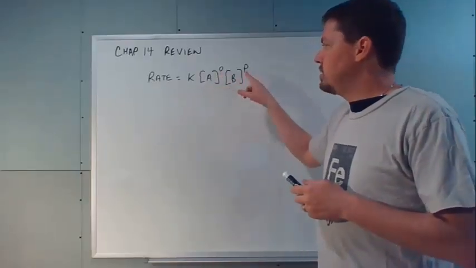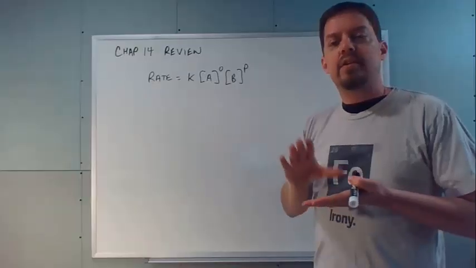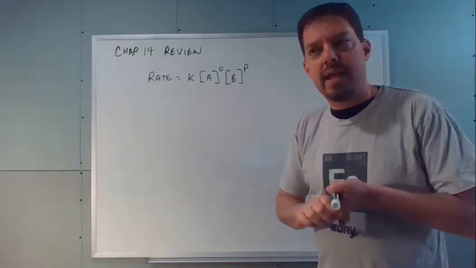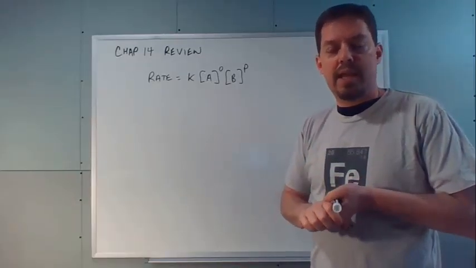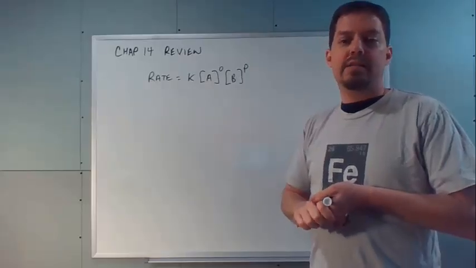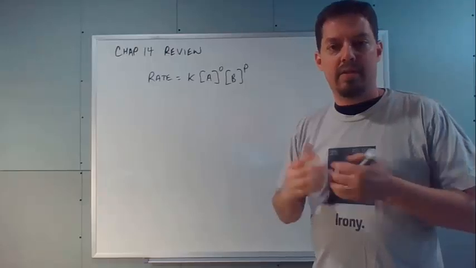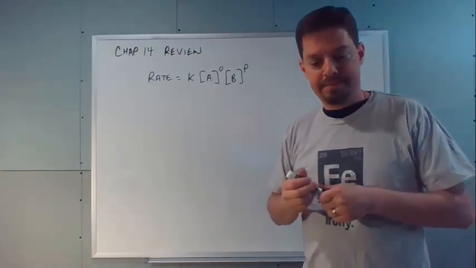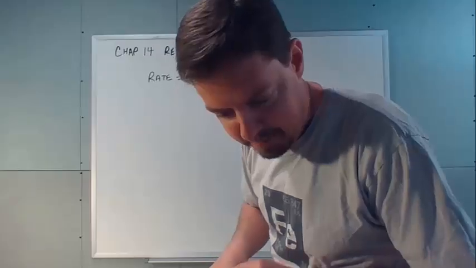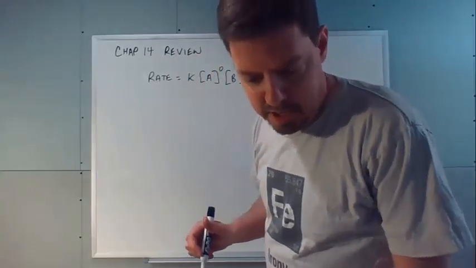Remember that the orders are not going to be related to the stoichiometry in all cases. So do not expect the stoichiometry to give you the values for O and P right out. They're going to give it to you through lab data. So if I pull some data out of a book, they give you some experiments.